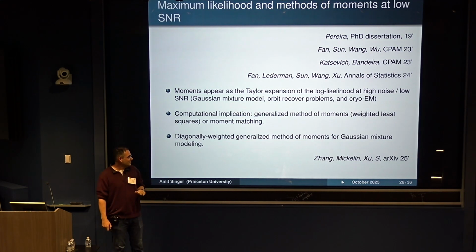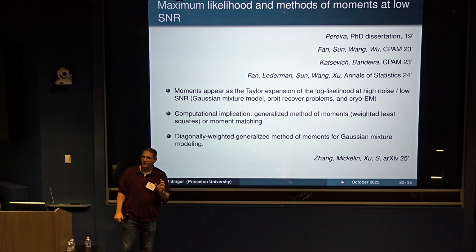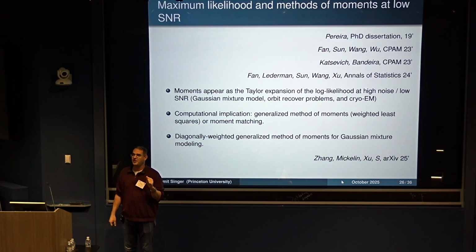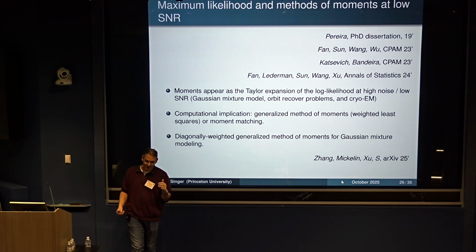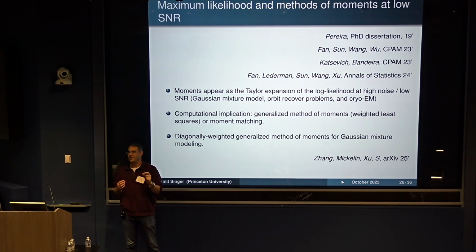In all these problems, what you realize is that if you consider the log likelihood function and its Taylor expansion, the small parameter for the Taylor expansion is the SNR. When you're dealing with a very high noise regime, the SNR is very low, and you can consider it as a small parameter.